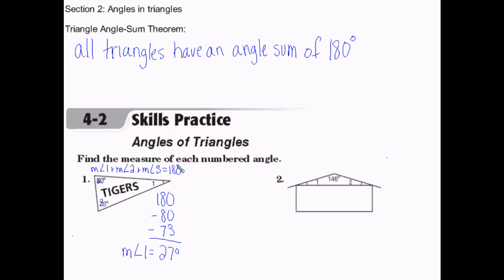So to find the missing angle, I subtract the 2 I have from 180. If I only subtracted 80, then these two together would have added up to 100. So I have to subtract both of them to find the missing one.